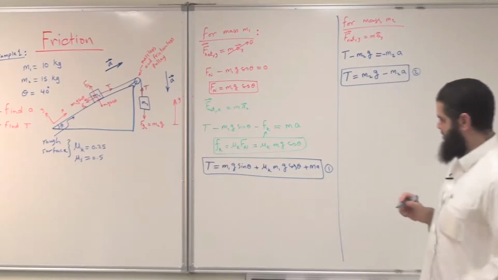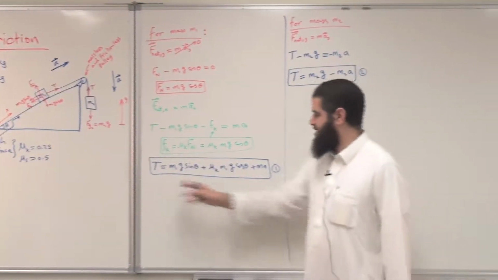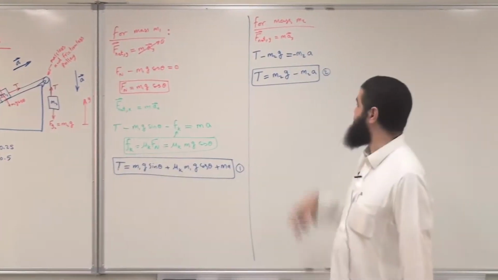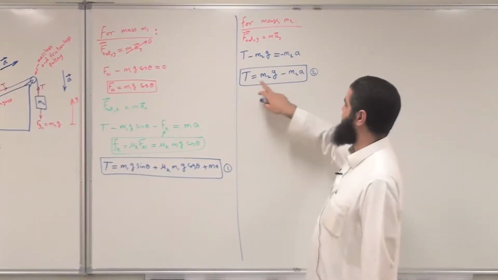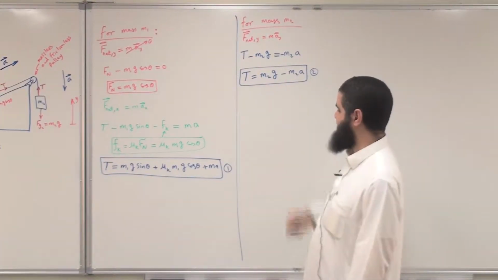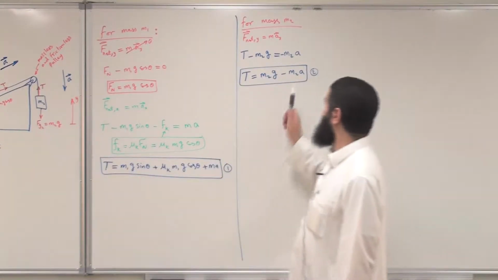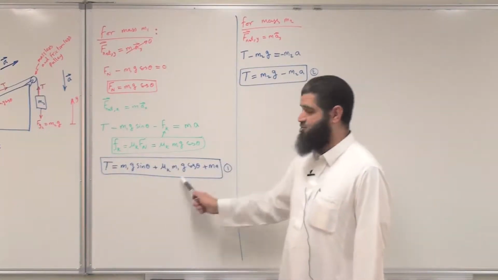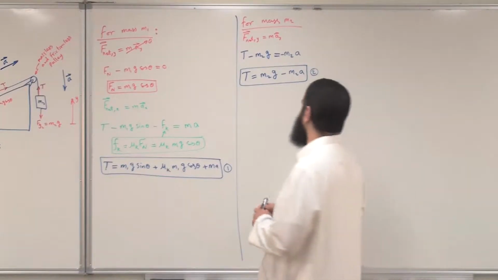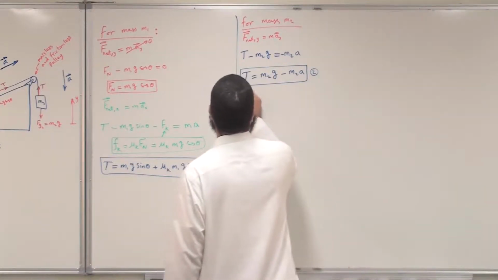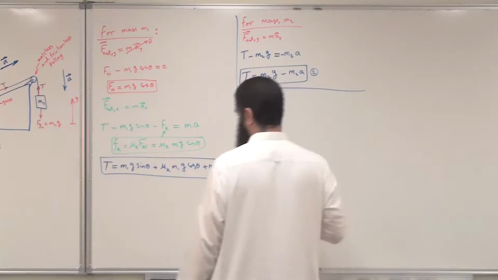From equation number 1, the tension is equal to this much, and from equation number 2, the same tension equals this much. So the left hand side is the same. This means that the right hand side should be the same. So I can equate the two equations as follows.